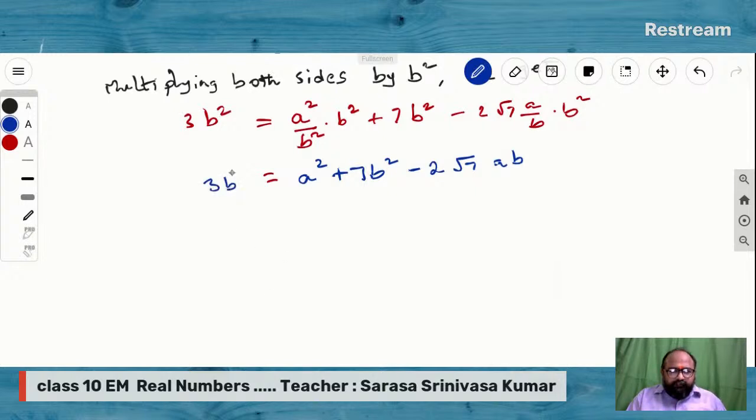So I write the left hand side 3b square. 3b square equal to a square plus 7b square minus 2 root 7 ab.